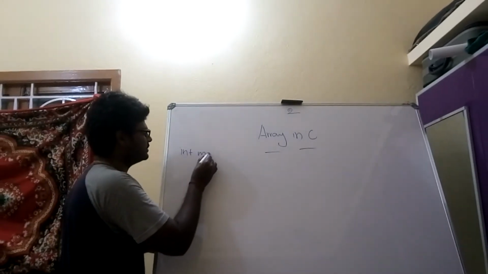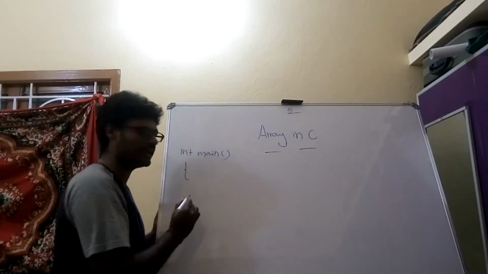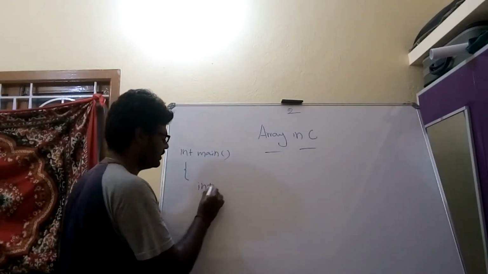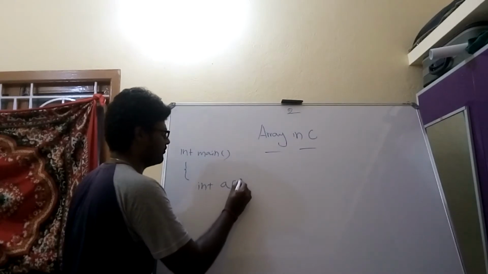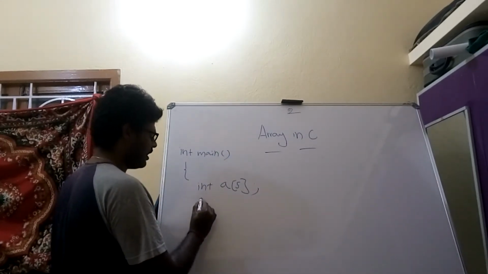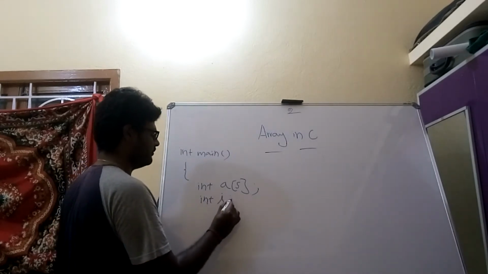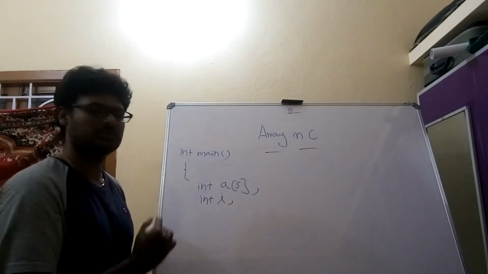int main. Then I'm going to declare an array, int a[5]. Okay, I'm going to declare a variable i also.